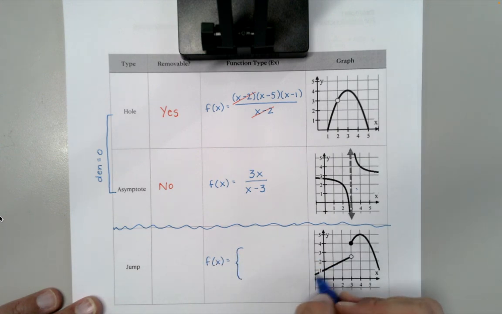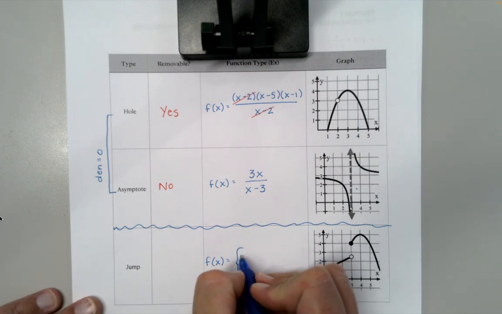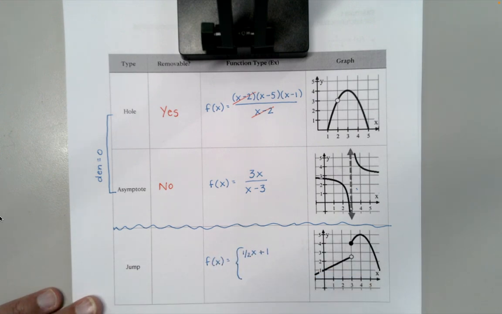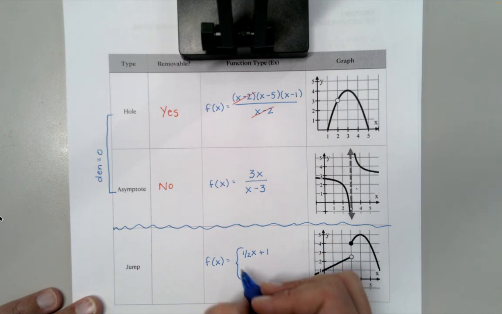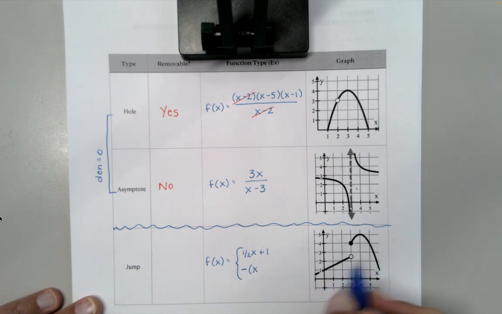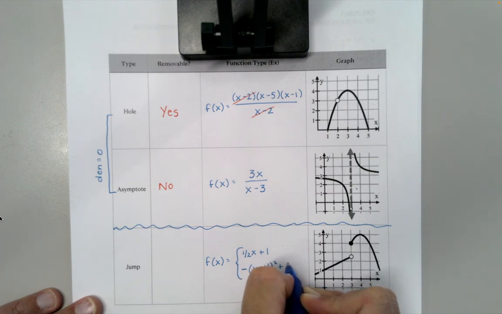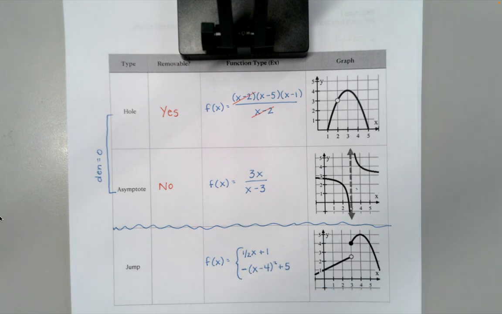Let's say this equation would be 1/2 x plus 1, I believe. And this equation here would be something along the lines of negative x minus 4 squared plus 5. If you thought about that hard enough, you would understand where I came up with that equation from.